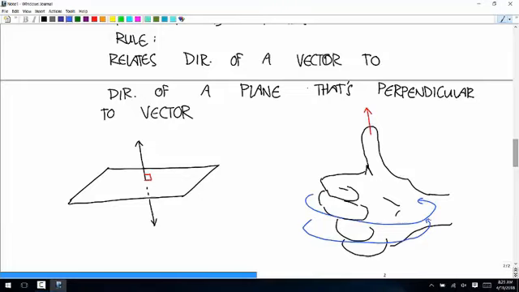So if you start your fingers at the x-axis, say we have a coordinate system with x, y, z coming up towards us, start your fingers at the x-axis, rotate them up to the y-axis, then your thumb is in the z direction.